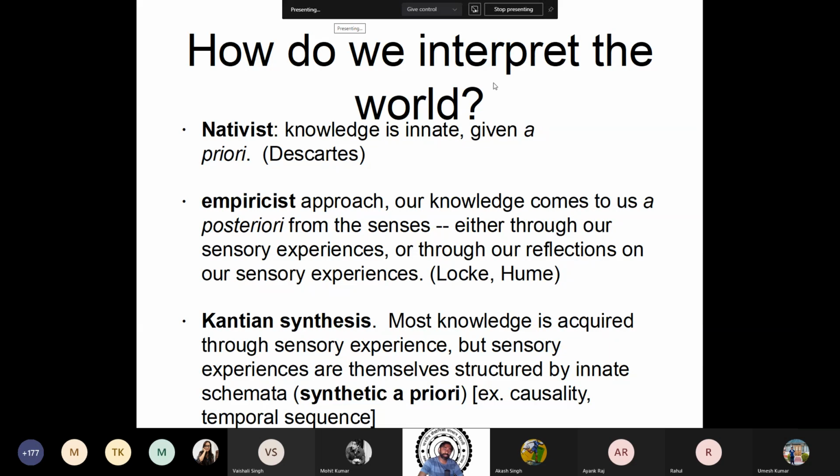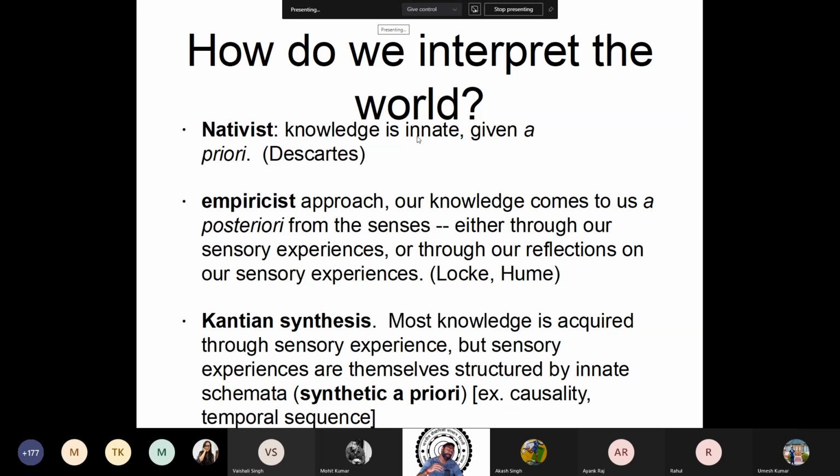Now, the first thing is, how do we interpret the world? This is a classic question that has been posed by philosophers and thinkers for thousands of years. There are three major positions, as you see on the screen. The first one is called the nativist position, given by René Descartes, who said that knowledge is innate.